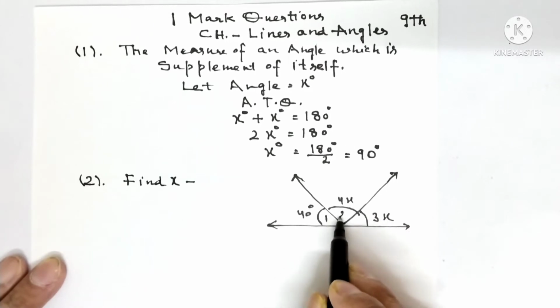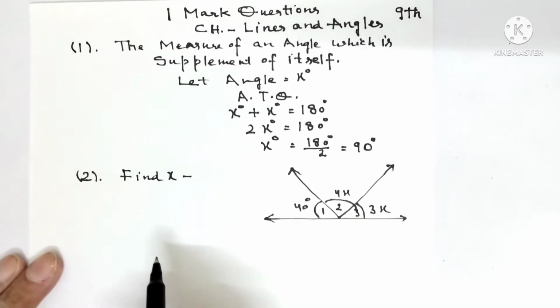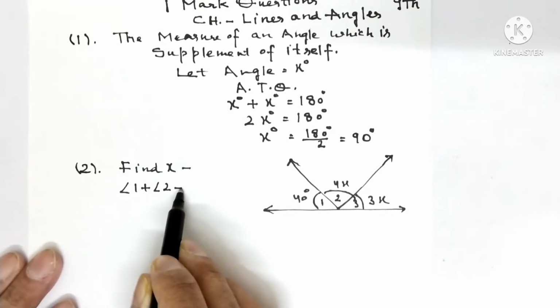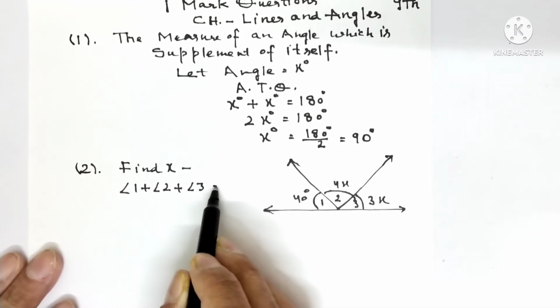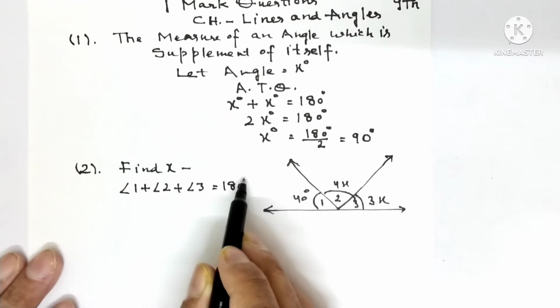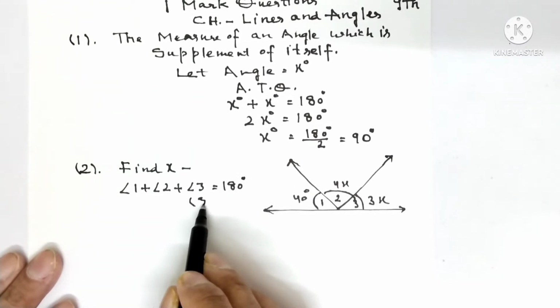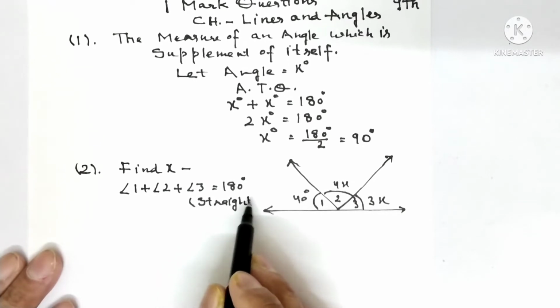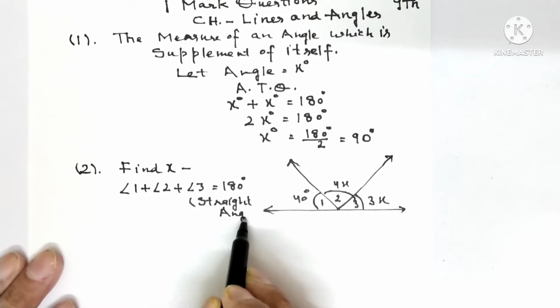Here we can name these angles as 1, 2 and 3. So we will write angle 1 plus angle 2 plus angle 3 is equal to 180 degree. The reason is straight angle. These three angles are formed on the same line, so it is a straight angle.